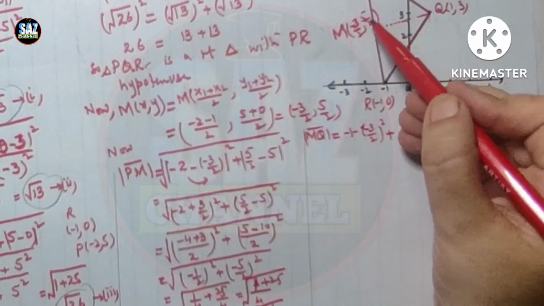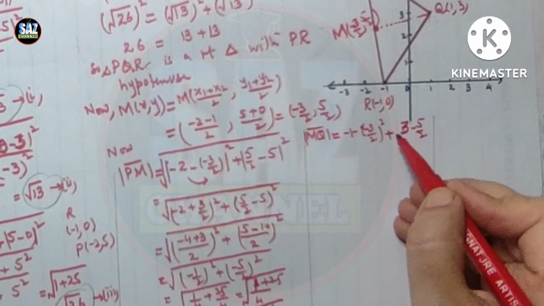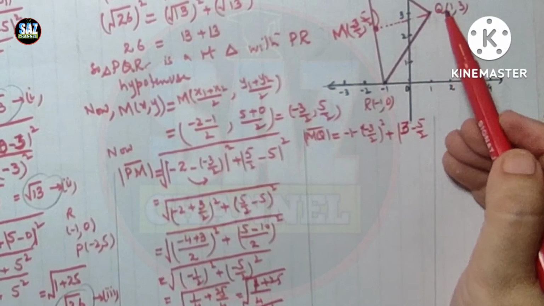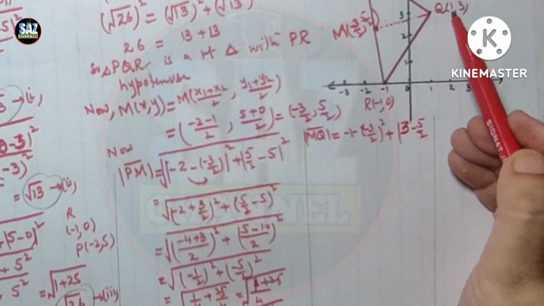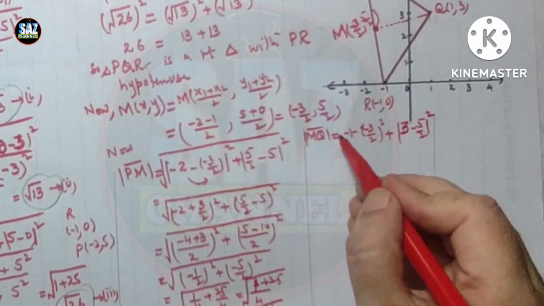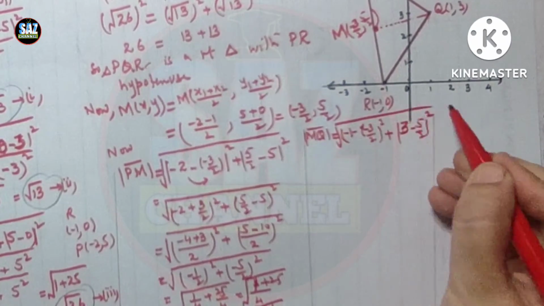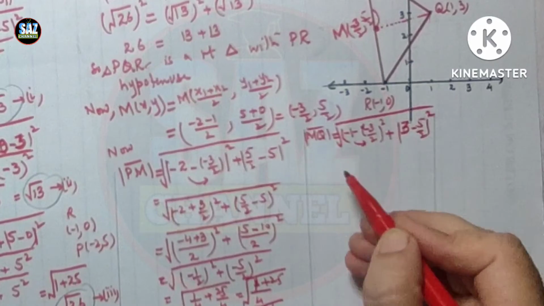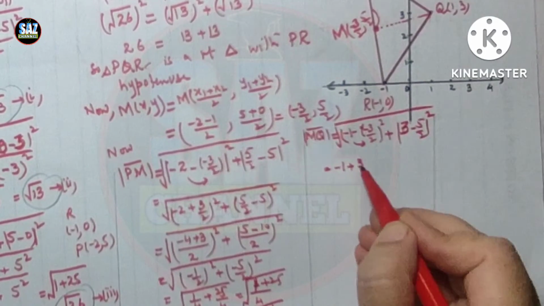Let me do it again. 1 minus 3 by 2, students, and 3 minus 5 by 2 whole square. Okay. Then this will become positive. This is 1 minus 1 plus 3 by 2 whole square, and let me write this portion as it is.